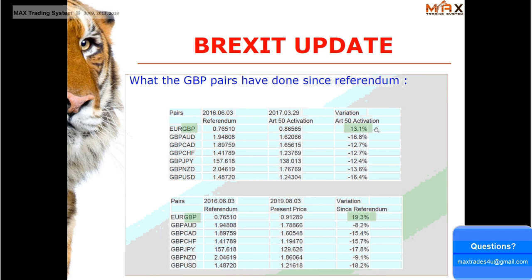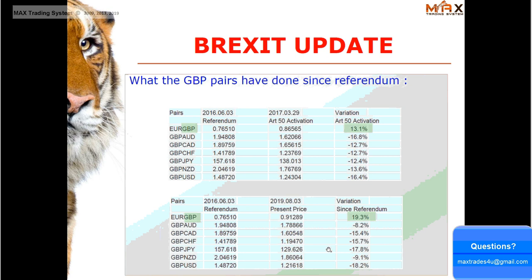The euro pound has climbed 13.1%. It's normal because the pound is the quoted currency in this case, but in all the pairs where the pound is the base currency, we can see a drop in the price pairs by 12 to 16%. So on average 14-15%. At the same time, we can also observe how the prices have moved since the referendum to the present moment.